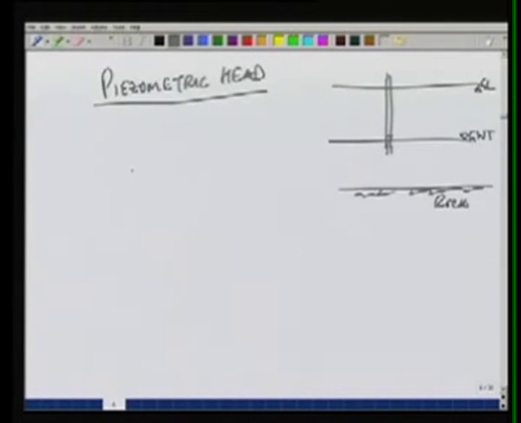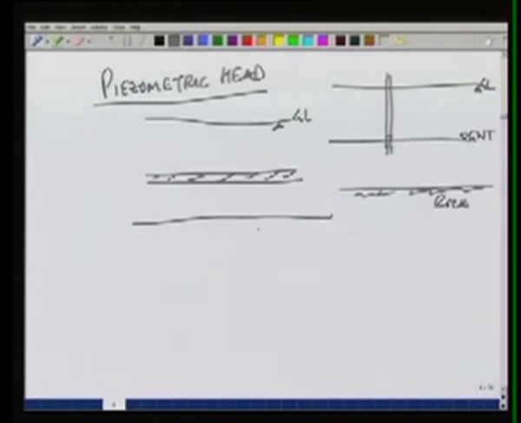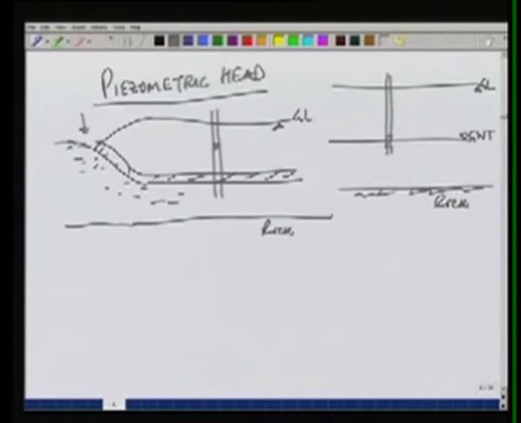But if we take a confined aquifer, a confining layer and then rock, if we put a tube in this, water will typically rise above the confining layer because this water is under pressure and it may be coming from some area recharged at this location. So this water is coming from, let's say, higher elevation.